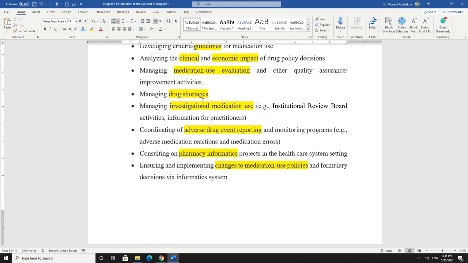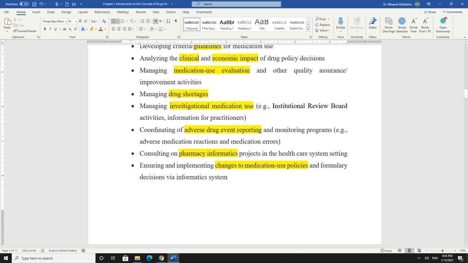So there are many things that you need to do to manage drug shortages and avoid or overcome such problems, maybe by using alternatives, etc.